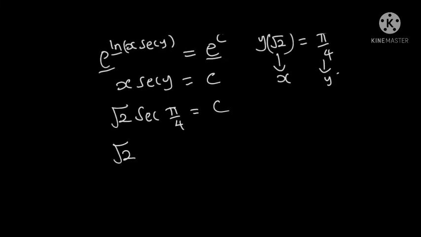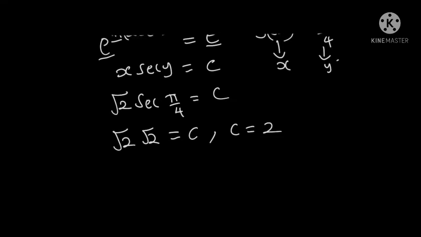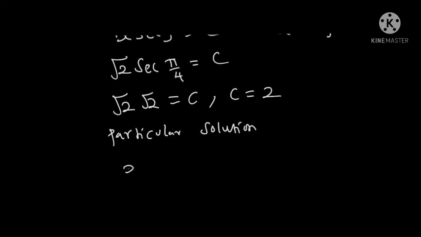Secant of pi over 4 is the same as root 2, so root 2 times root 2 equals c. Therefore, c equals 2, because root 2 times root 2 gives root 4, and root 4 equals 2. Therefore, our particular solution is given by x sec y equals 2.